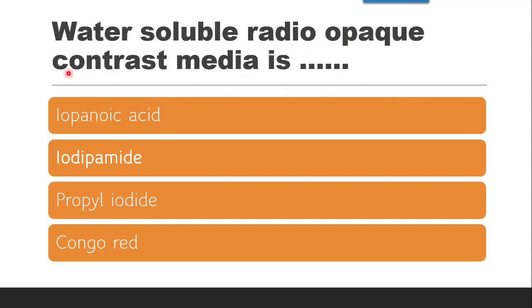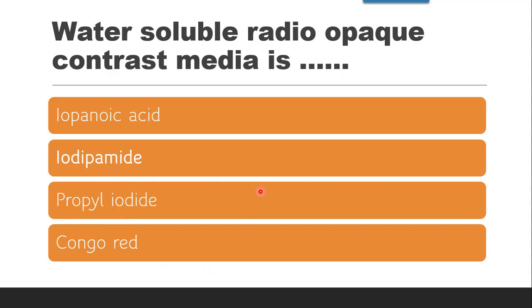Next question is: water soluble radio opaque contrast media is. Now this is the first class, which is radio opaque contrast media, which is further subdivided into water soluble ROCM and water insoluble ROCM. The options are iopanoic acid, iodipamide, propyl iodide and Congo red.